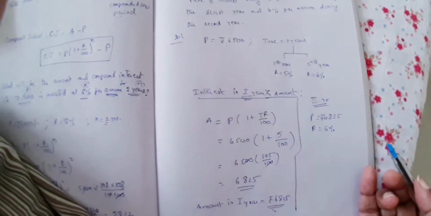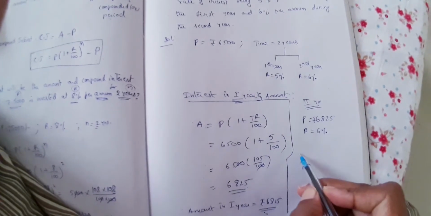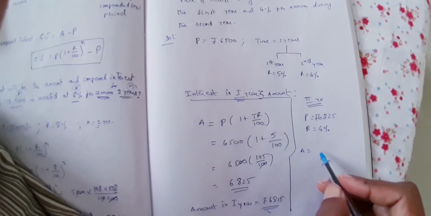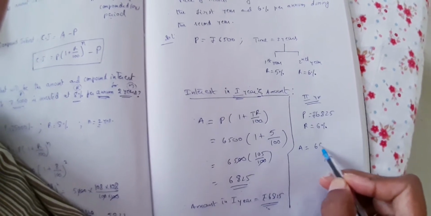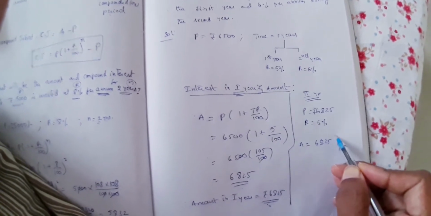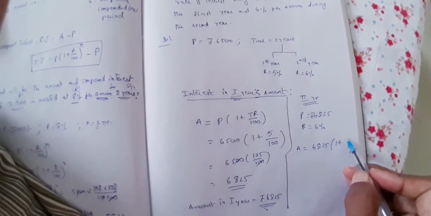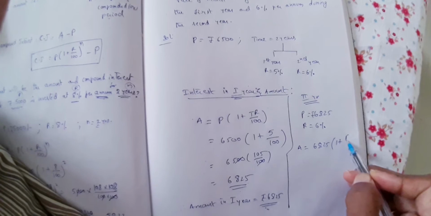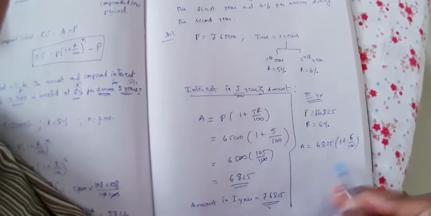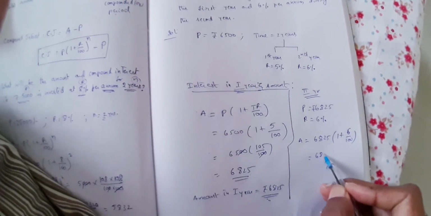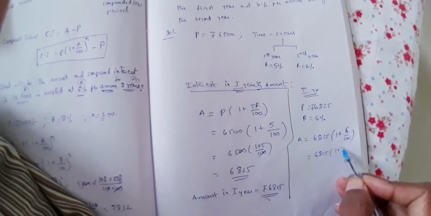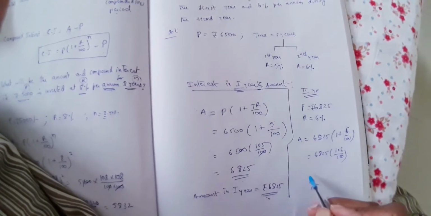So this is also like simple interest only. Therefore, the amount to be paid at the end of the second year will be 6,825 into 1 plus t being only 1, r is 6 by 100. So 6,825 into 106 by 100.